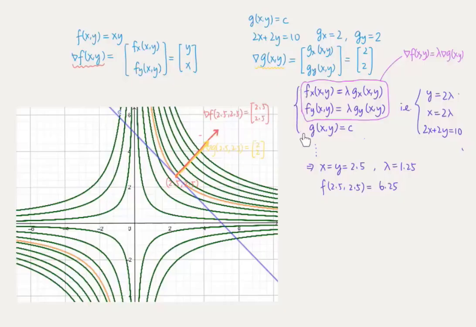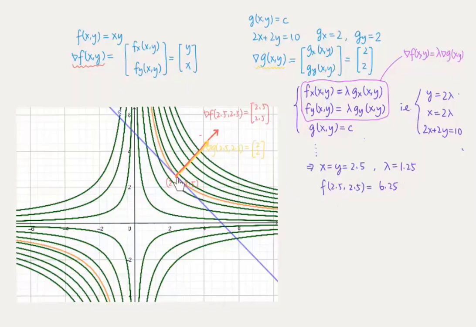When we solve this system of equations, it means that we would like to locate the points (x0, y0) at which the gradient of f equals a multiple of the gradient of g, and it is lying on the constraint curve g of x y equals c. We have solved that it happens when x equals y equals 2.5 and lambda equals 1.25.